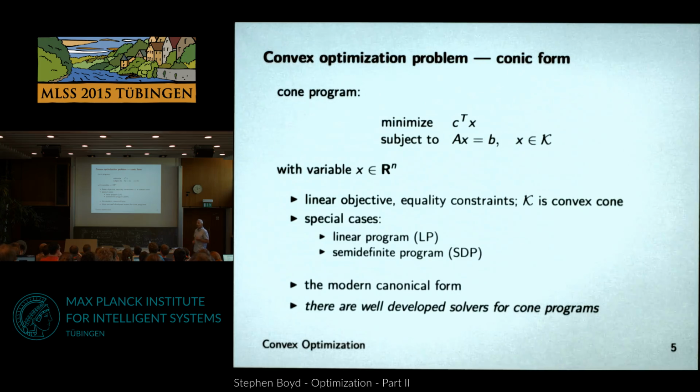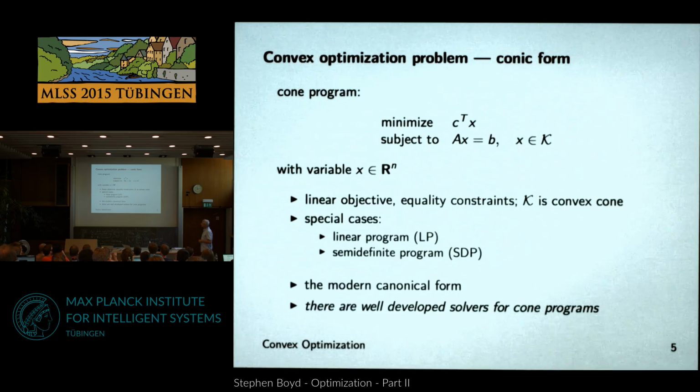That's not different. All nonlinearity in the objective and all constraints is shoved into a constraint that says that this variable lies in a cone, a convex cone. So this is the so-called conic form. It looks very specialized. We'll see that it's not. It's actually completely general, but it looks specialized.